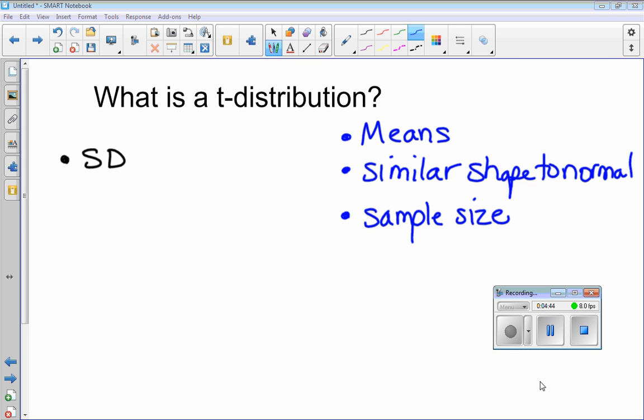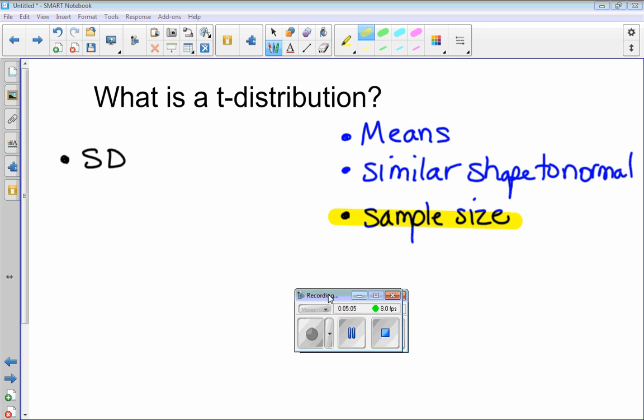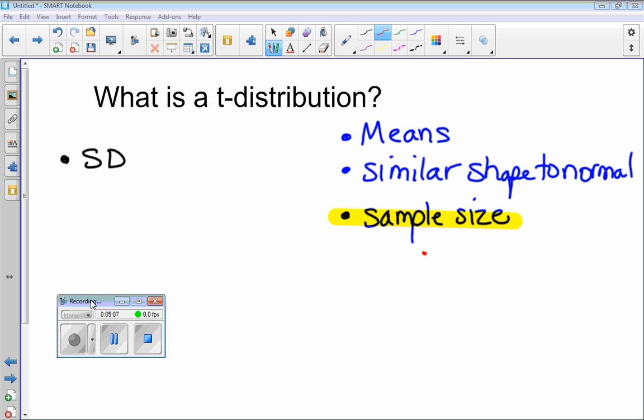It's called Gossett's T, okay? What else did you notice about the Gossett's T? It has to do with sample size. There was something mentioned that we've never really seen before until now. Anything unusual? Yeah, what is that? Degree of freedom, okay? So that's something that we got to discuss.